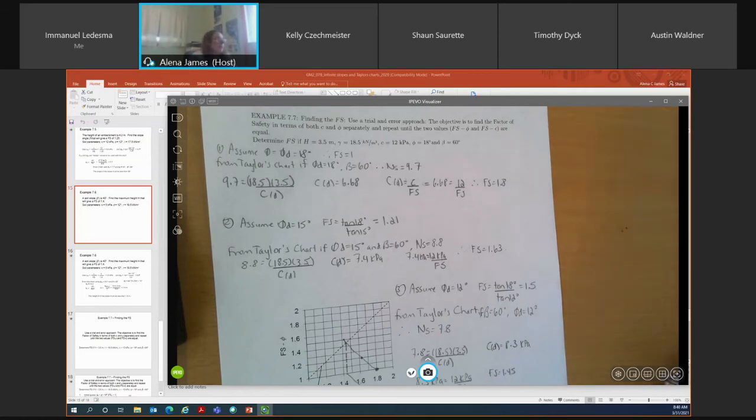The way we determine our initial phi d assumption is whatever friction angle is given to us in the problem, we assume our phi d value is equal to that friction angle. If we do that, then we know that our factor of safety is equal to 1.